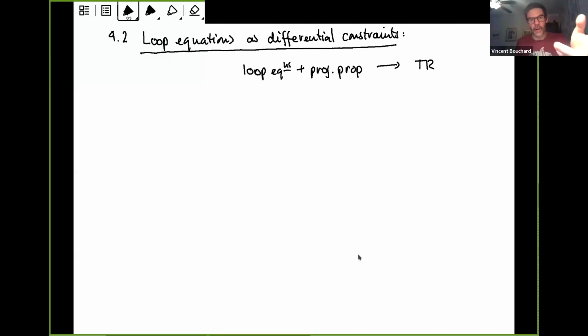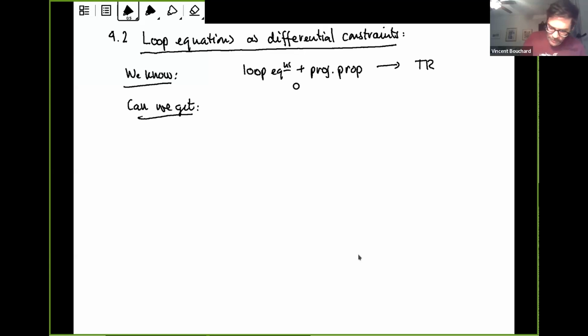And in the case of R equals 2, we know that there always exists a solution because we know that topological recursion always produces symmetric correlators. But in general, as we'll see, this is not obvious. Okay, but this is what we know here. That's the first connection. And the second connection would be, can we start with loop equations plus projection property and get an airy structure?